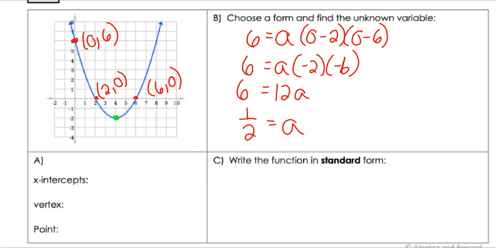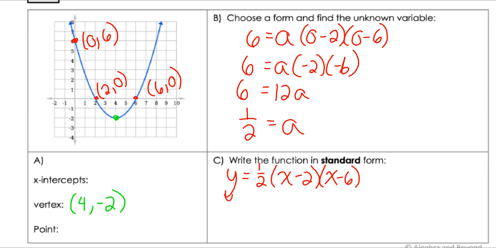I skipped ahead a little bit and I labeled them on my graph. So we've got our vertex and our points. The vertex for this one, if we wanted to use that, is at (4, -2). So you can choose if you want to do it in vertex or intercept form. All right, so once I've got it, I'm going to take my intercept form that I now know, and I'm going to multiply it out to write it in standard form.